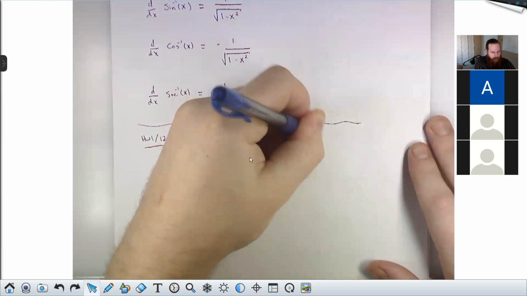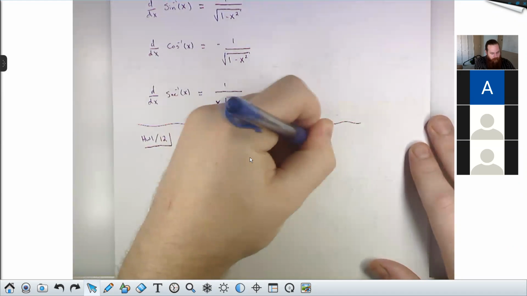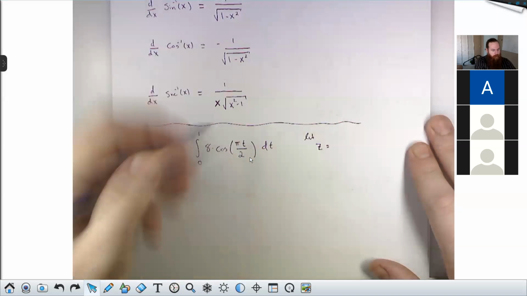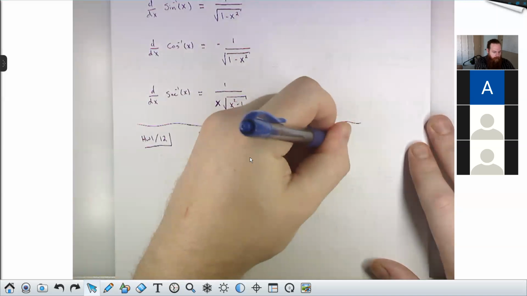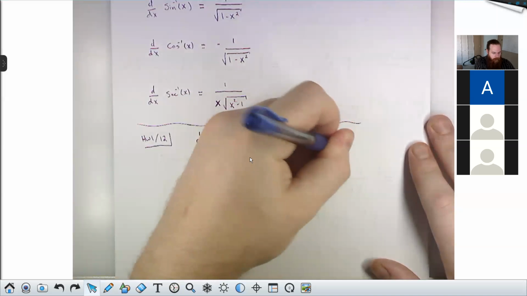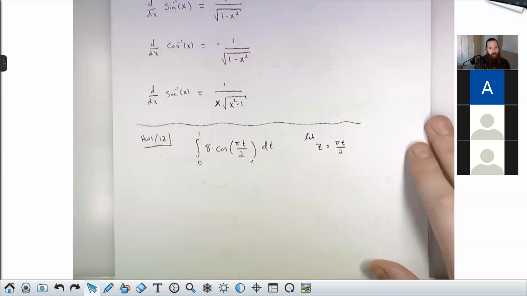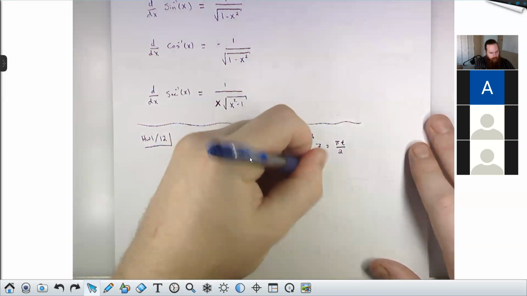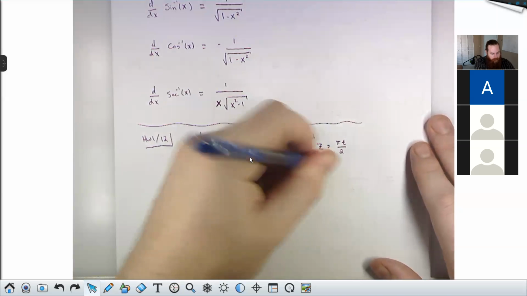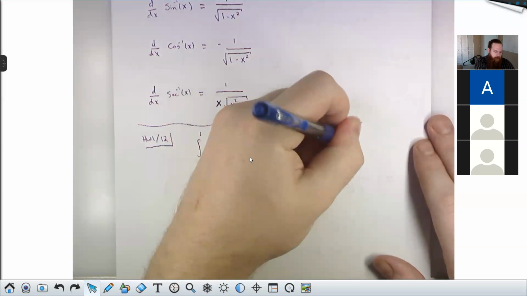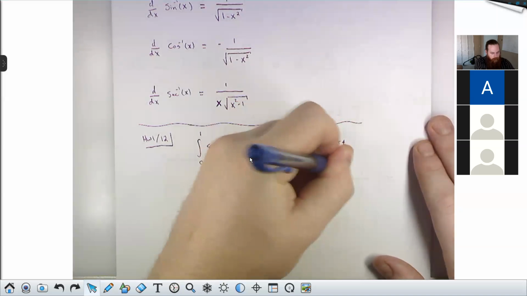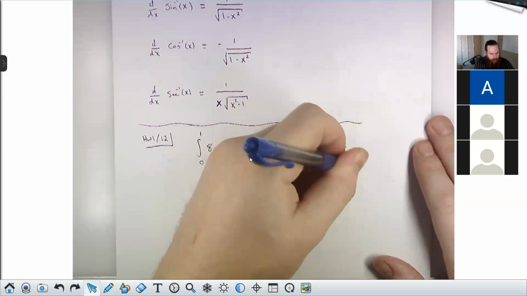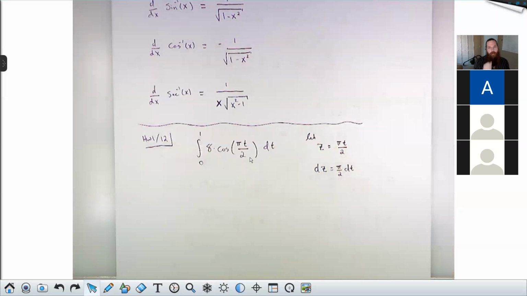So again, I'll try to get in the habit of using a new variable, z equals, we'll go for the inside of cosine here, z equals pi t over 2. And so if we take the differential dz, remember this is the same as just pi over 2 times t. So this dz is just pi over 2 dt. There's no need for a quotient rule or anything like that there because pi over 2 is a constant.